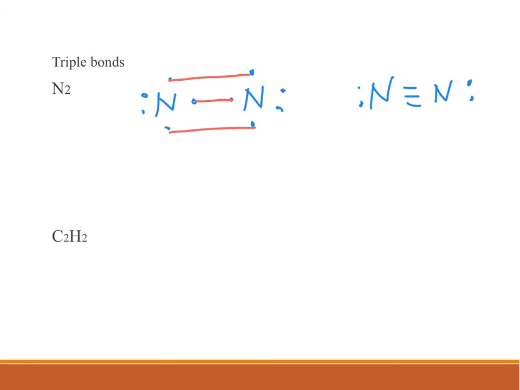And then finally, C2H2, another compound that has its own name, and we want to show our carbon with its 4 valence electrons. We have 2 of them. And then we've just got an extra hydrogen, and of course we're distributing them equally, 1 on each side.